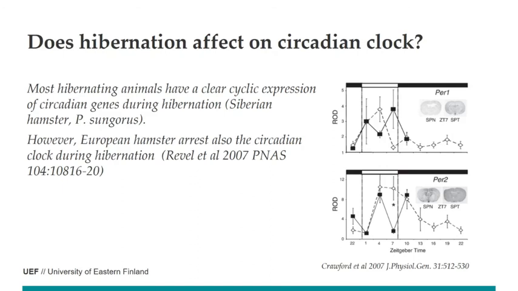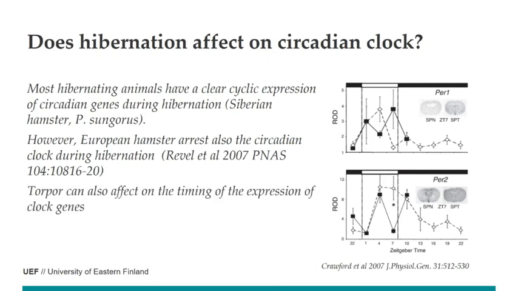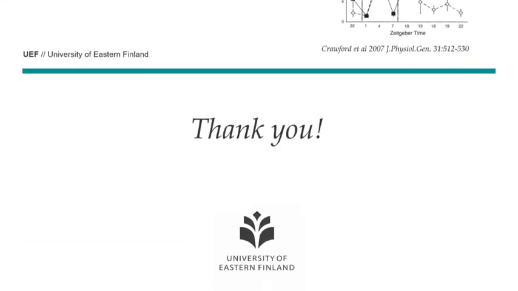There's a study in the European hamster showing that it shuts down the circadian clock during hibernation, and no one knows how it can maintain or know when to wake up from this hibernation. And it's also been speculated that torpor can affect the timing of the expression of these clock genes. But there are still things to do on this subject. Thank you.